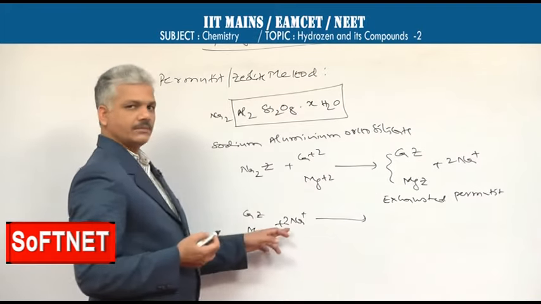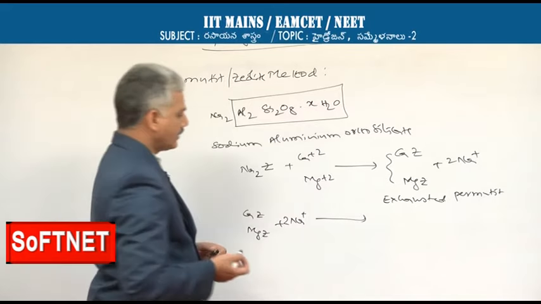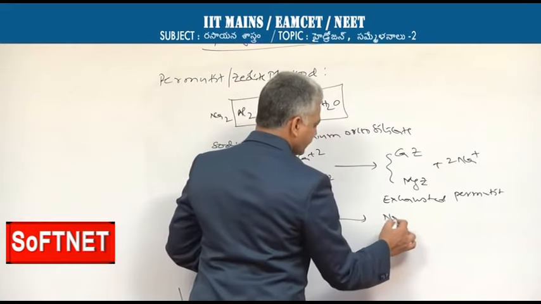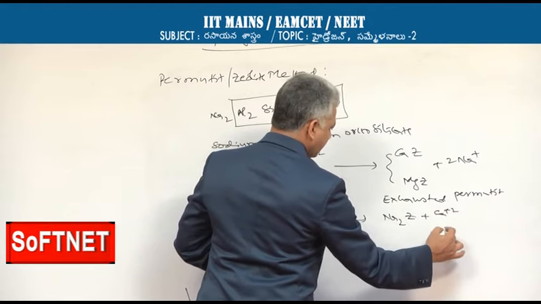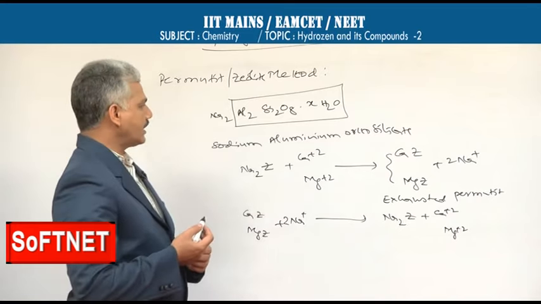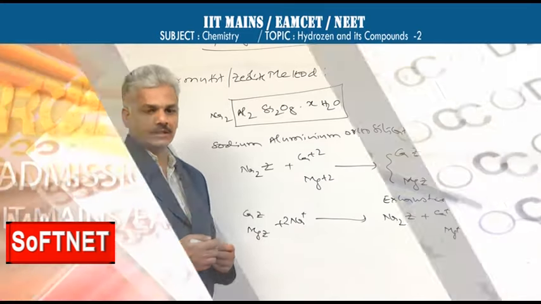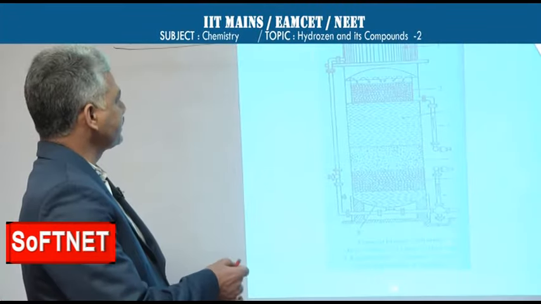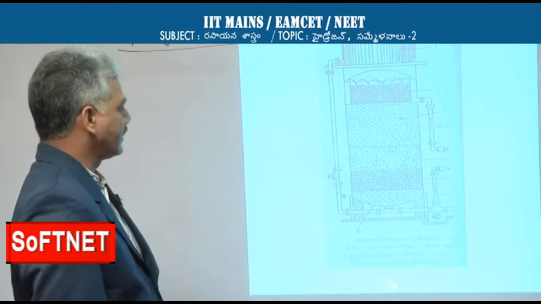Sodium ions of the brine solution will replace calcium and magnesium ions. So again you will get back sodium zeolite, which can be reused again and again. The actual process can be schematically represented like this. This is a schematic representation of a permutit process.